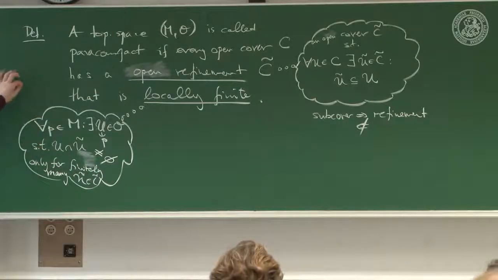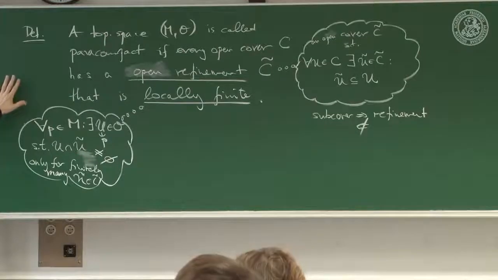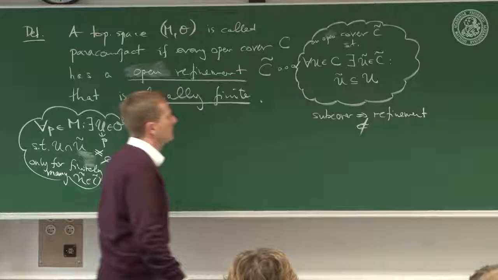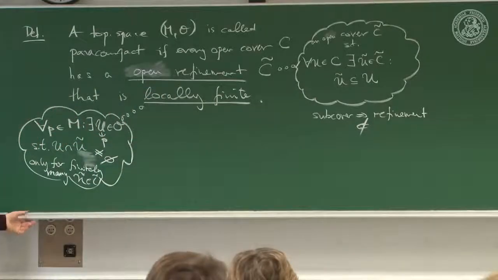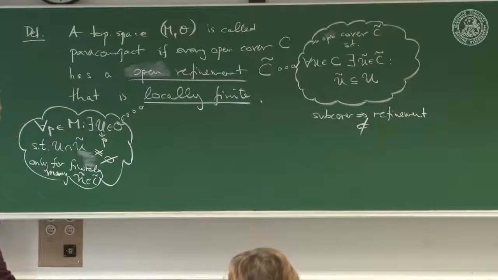So if you go to a point in the manifold, you find a neighborhood such that this neighborhood has a non-vanishing intersection only with finitely many open sets from this refinement. Well, that definition is quite a mouthful, but it needs to be made in this way in order to be useful.